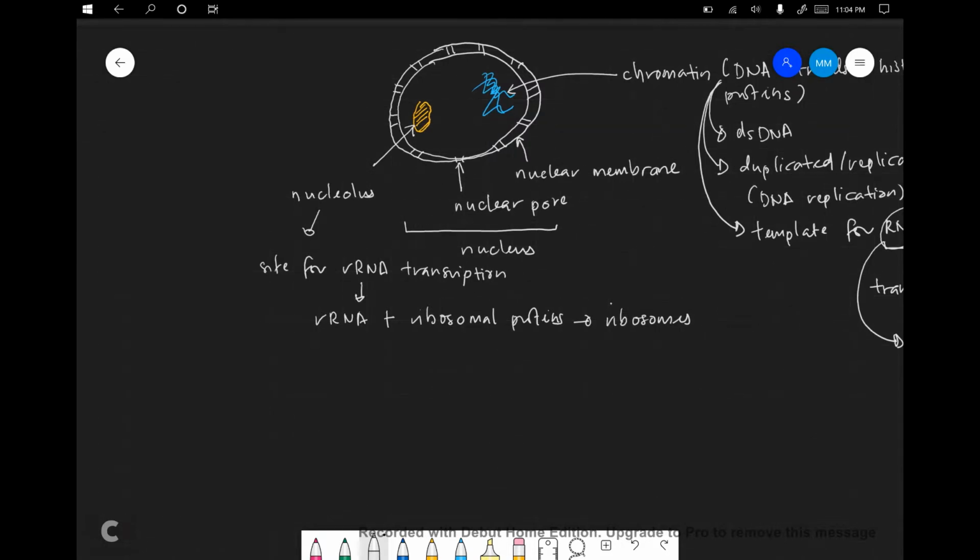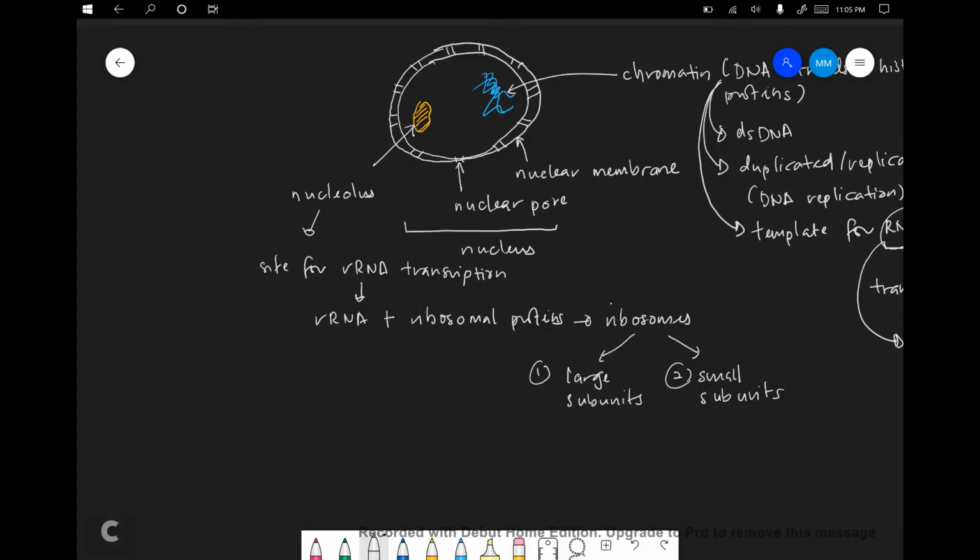And these ribosomes always present in 2 forms. Okay, what are the forms? The one is what we call as large subunit of ribosomes, and we have also small subunits of ribosomes.